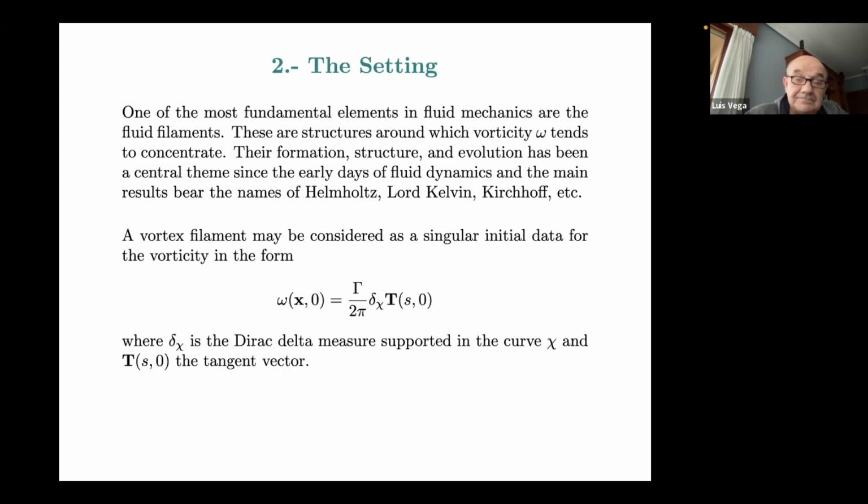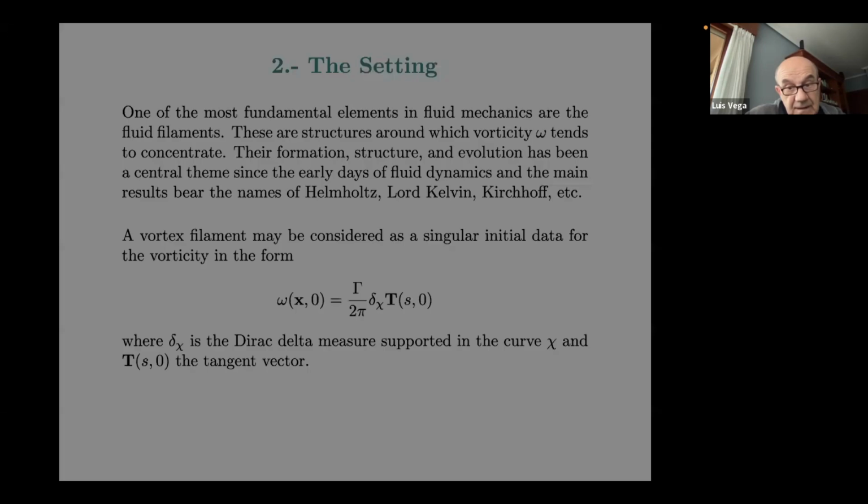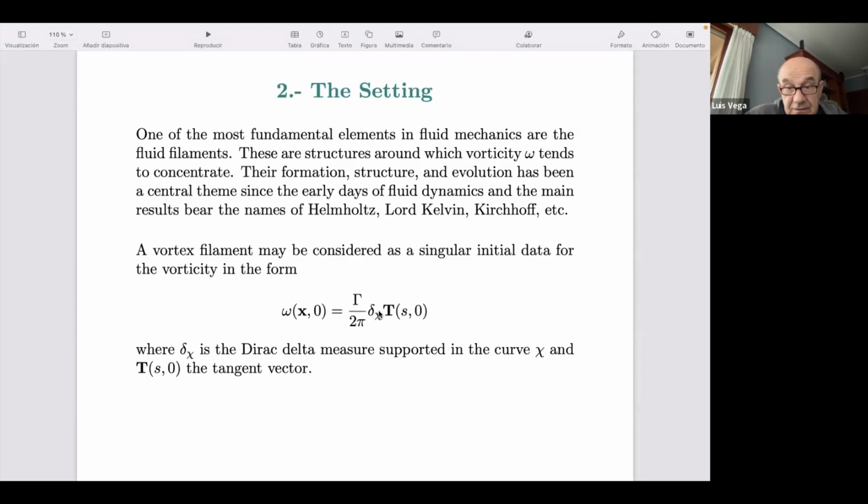And mathematically, the kind of guy we want to describe is given, as you see on the slide, by saying that the vorticity, which they call little omega, at the time 0 and the position x is nothing but a vector measure which lives on the curve chi, right?